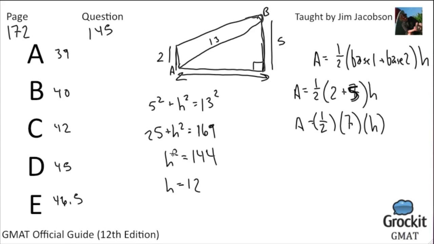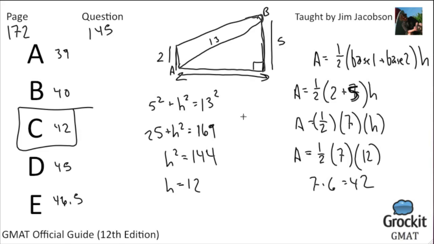When you take the square root of a squared thing, it could be negative. But since we're dealing with actual distances here, you can always discard negative values for those. So h equals 12. And we can fill this in the rest of the way. A equals 1/2 of 7 times the height of 12. 1/2 of 12 is 6, so 7 times 6 equals 42. Choice C.